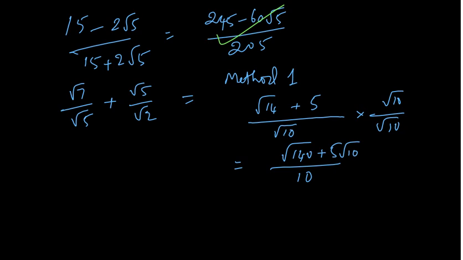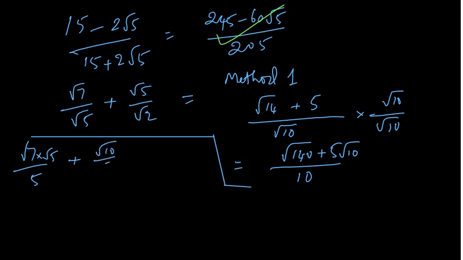What's method 2? This becomes root 7 into root 5 divided by 5, rationalize this, plus root 10 divided by 2.